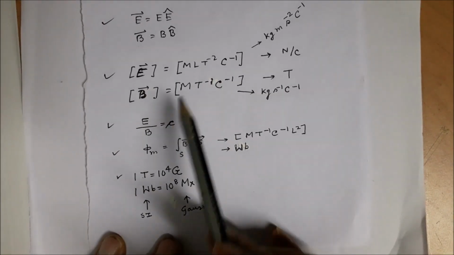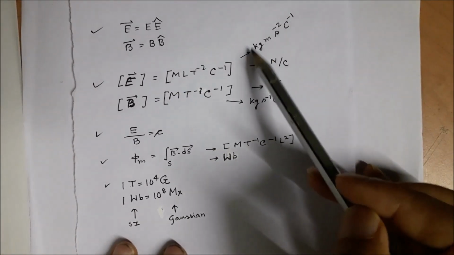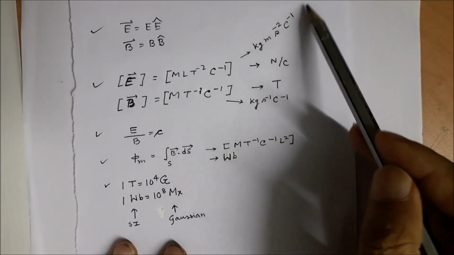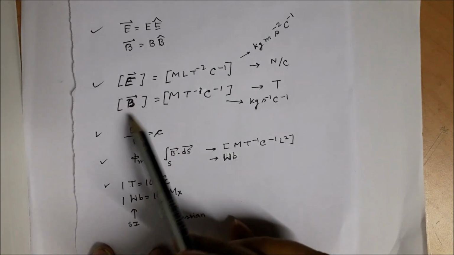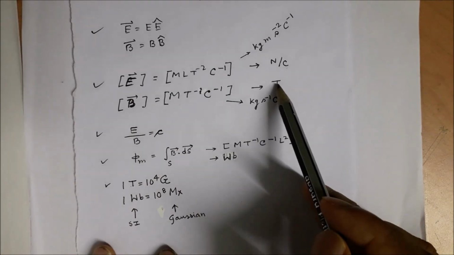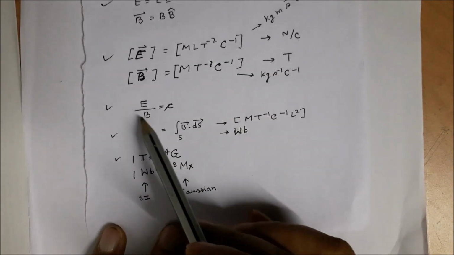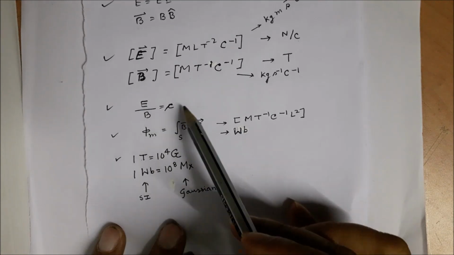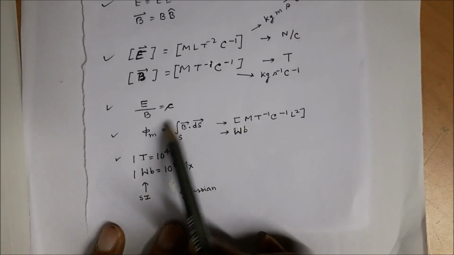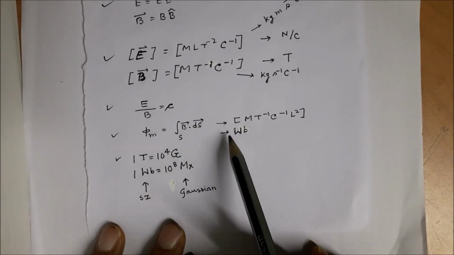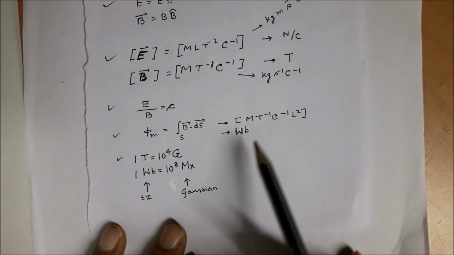The dimensions were obtained. Here the dimensions also can be written in this way, converting them to units, and this combination of units is actually Newton per Coulomb for electric field, and for magnetic field we have Tesla, which is actually this combination. We also did E by B, and E by V turned out to be C. The magnetic flux, the expression of which we defined in this way, had SI unit Weber and the dimension was this combination of units.